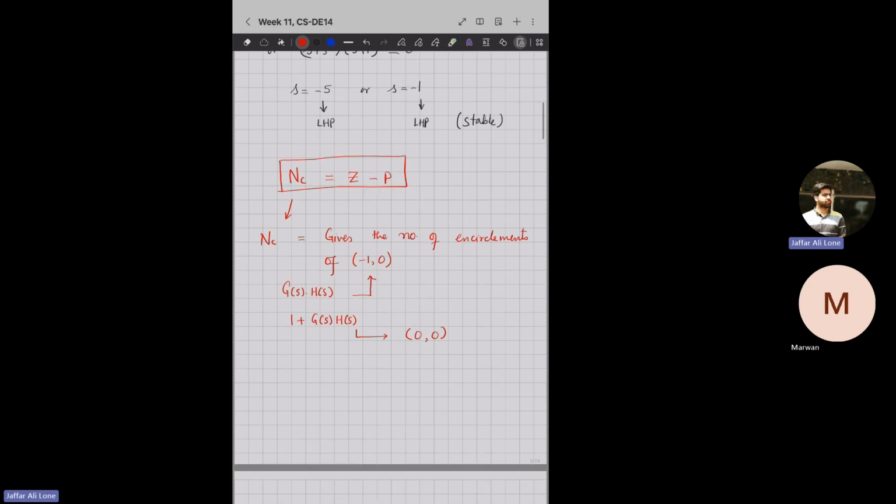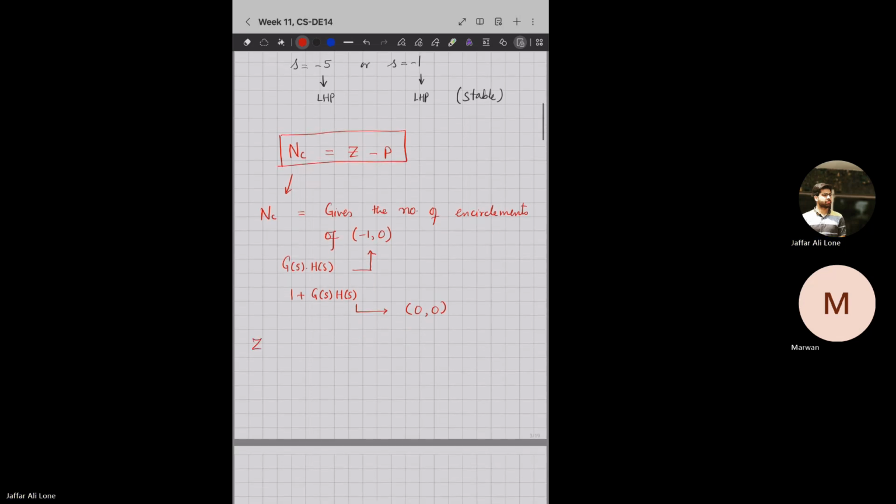So now the next part is, what is Z? Z is the number of closed loop poles in RHP, and P is the number of open loop poles in RHP.